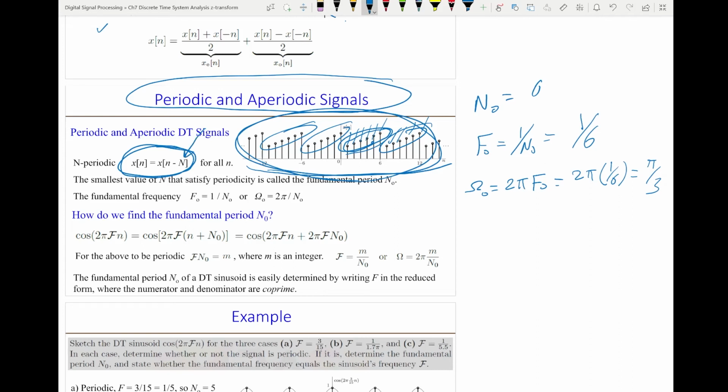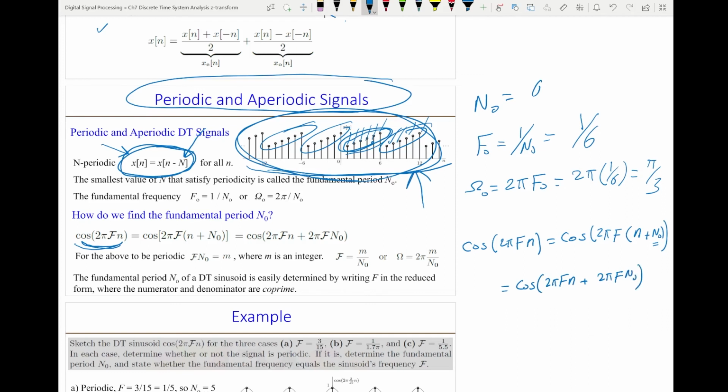So if I don't have the signal plotted and I want to find out the fundamental period of a sinusoid, something like this, then this condition means cosine of 2 pi f n has to equal cosine of 2 pi f (n plus n0), where n0 is supposedly the fundamental period.